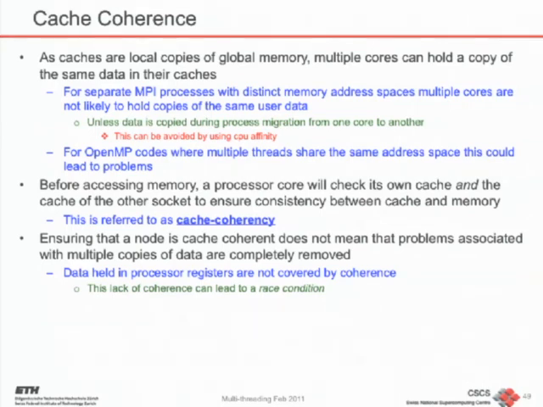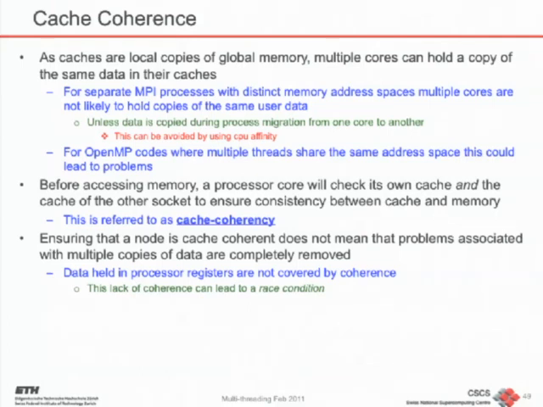So for separate MPI processes with distinct memories on multiple cores, not a problem. For OpenMP codes, when you have multiple threads, this can be a problem. If they're all on the same die, all on the same socket, all seeing the same data in cache, they normally don't have a problem.